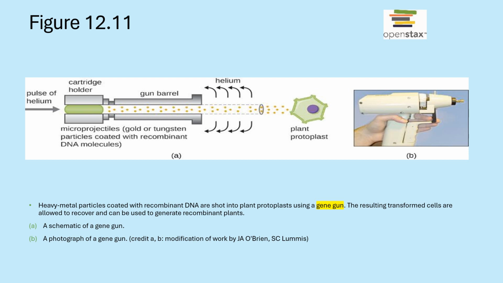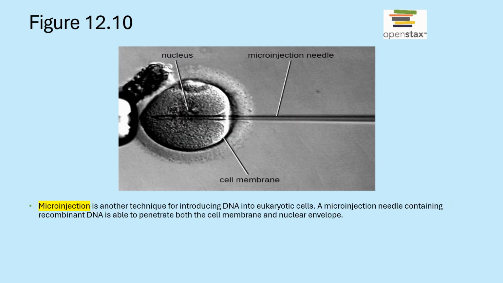This is where you have a projectile. You coat these little, they actually look like small little bullets, with your DNA on it, and you literally fire it in, in this case it's showing a plant cell. Another way is microinjection.